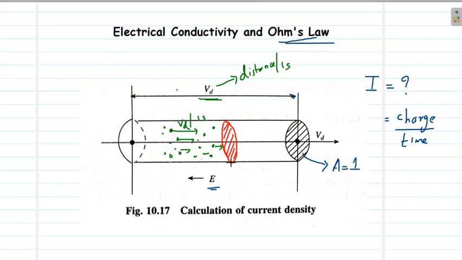Since electrons can travel Vd length in 1 second, a length of Vd has to be considered on the back side, and all the electrons falling up to a Vd length will be able to cross this cross section during the unit time, during 1 second.